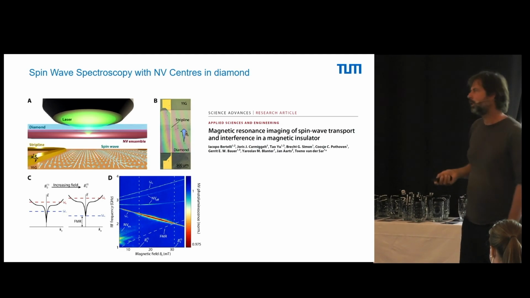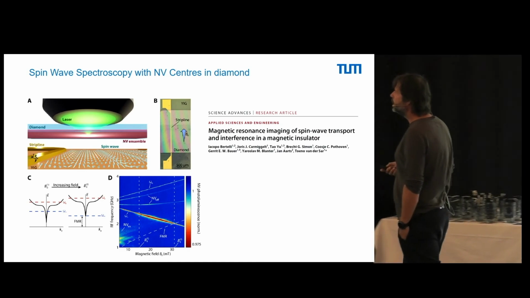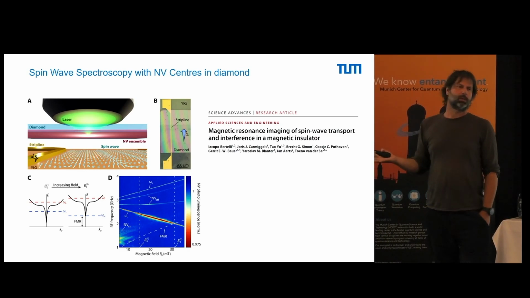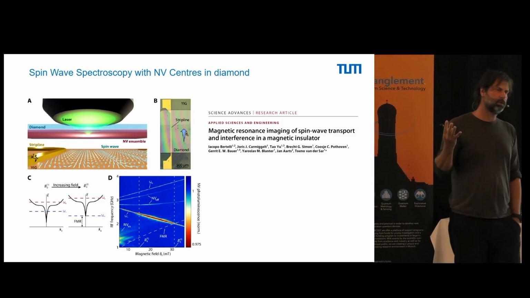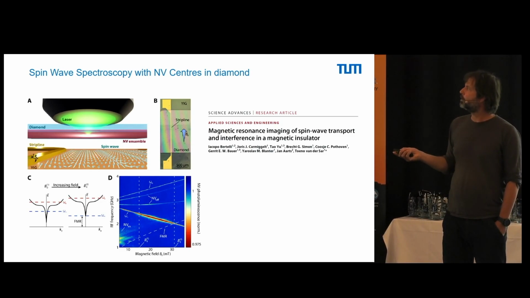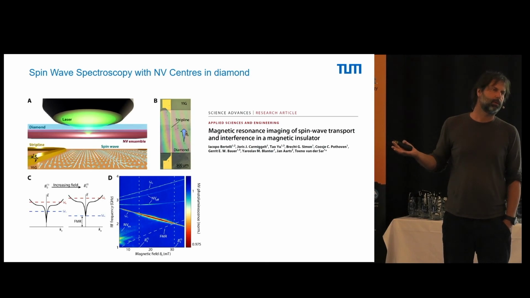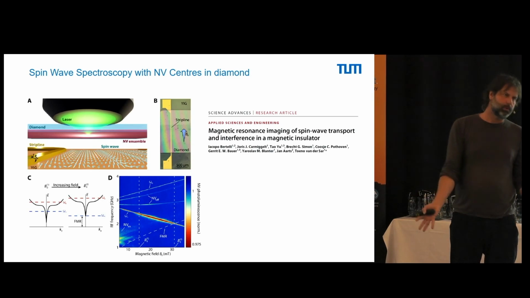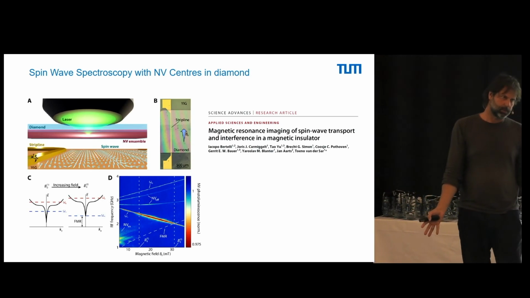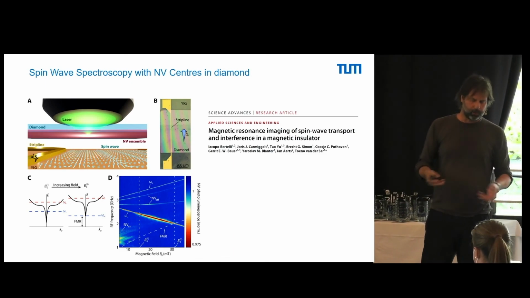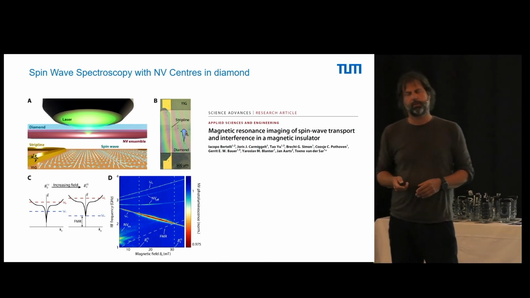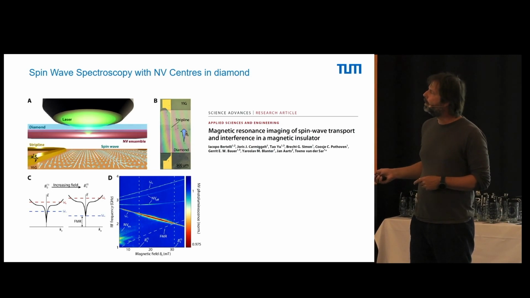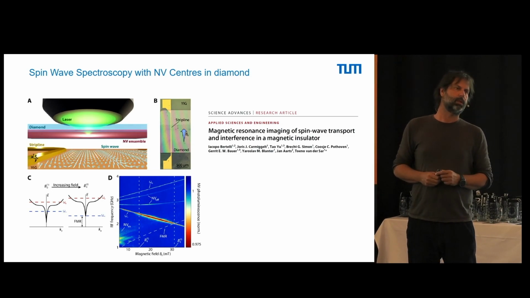And then one should probably also say that people put a lot of power into these chips to get contrast, which means that for a magnetic material like YIG, which has low damping, you have all kinds of nonlinear processes that take place. So you have, I don't know, 3 magnon confluences, 4 magnon scattering, and so forth. So it's not clear to me what you actually see with the NV.